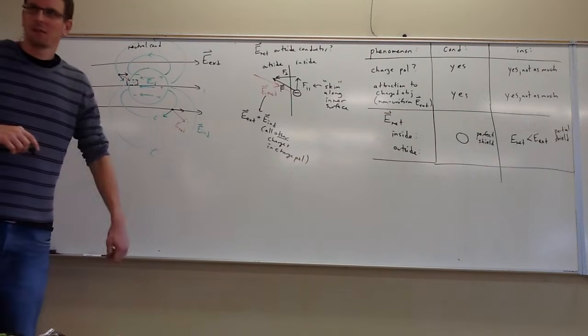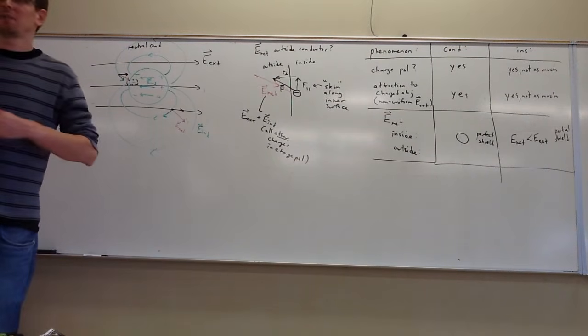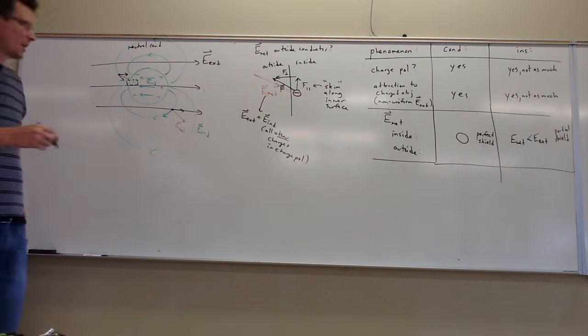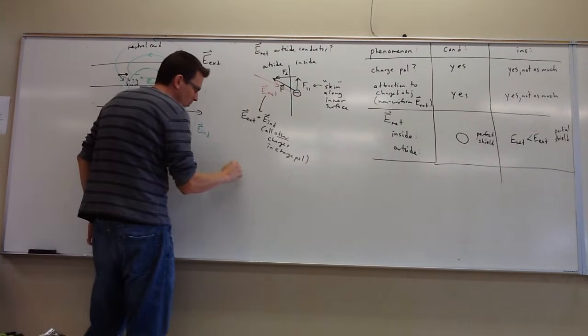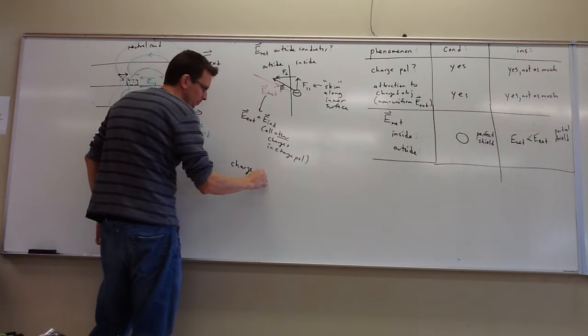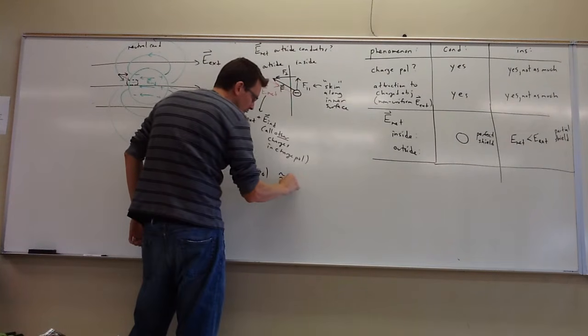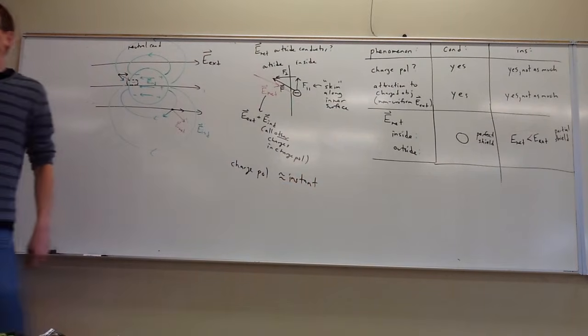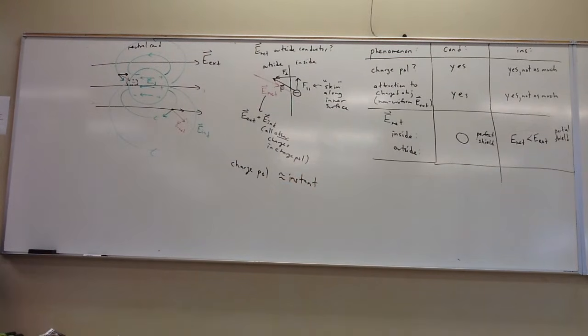So for us, we're not interested in the politicking of how all these electrons get settled in the charge polarization. We assume that charge polarization is approximately instant, and when it's instant, that means that everybody finds their places and they find where they like to sit, and then they stay put.